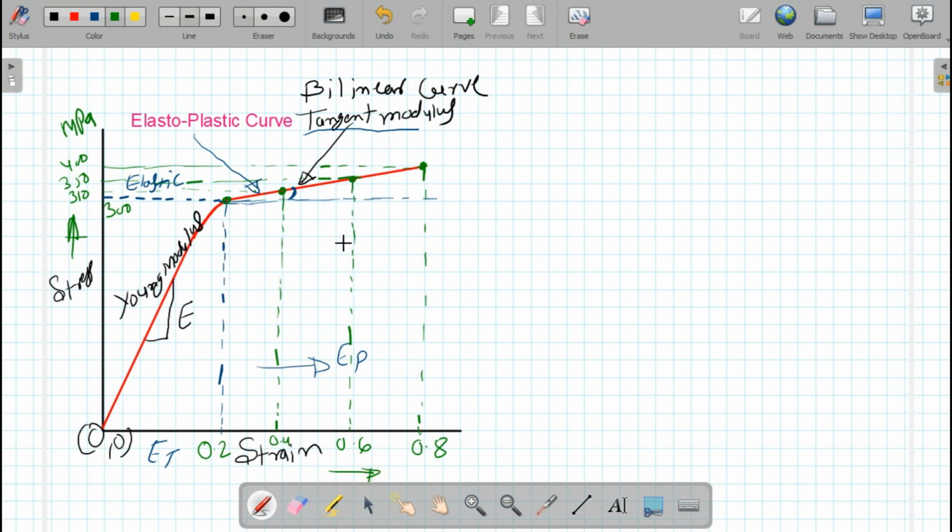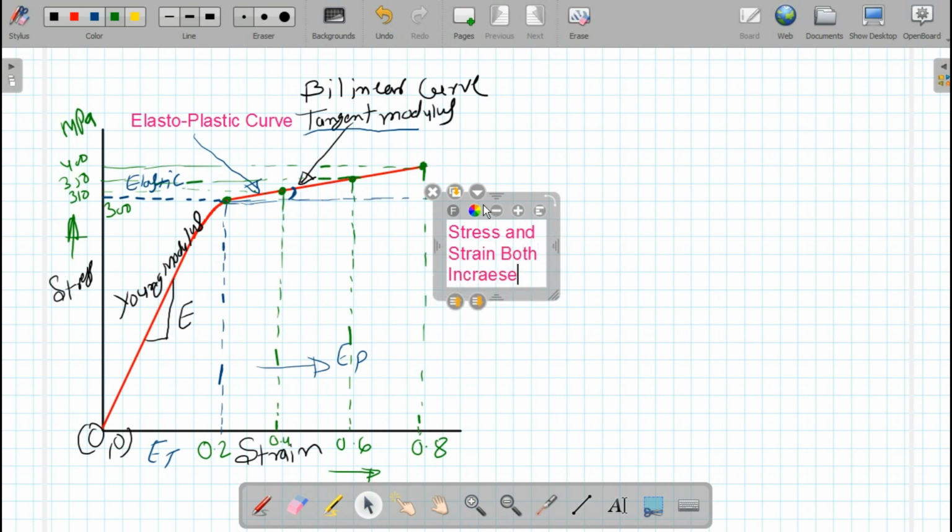This comes under the bilinear curve. So in the elastoplastic curve, stress and strain both increase, correct? Okay, so that's what happens in the elastoplastic curve. This is clear.